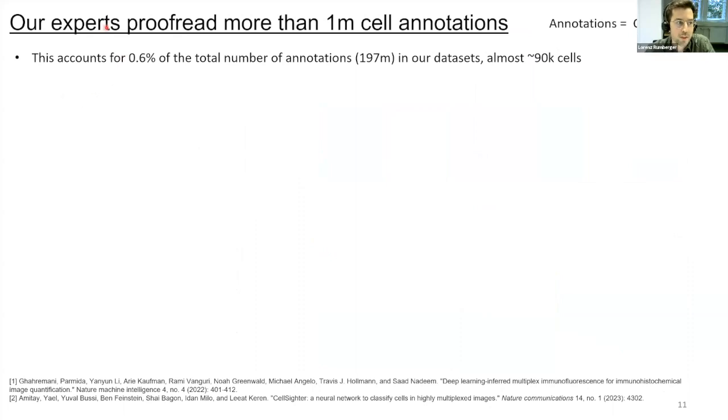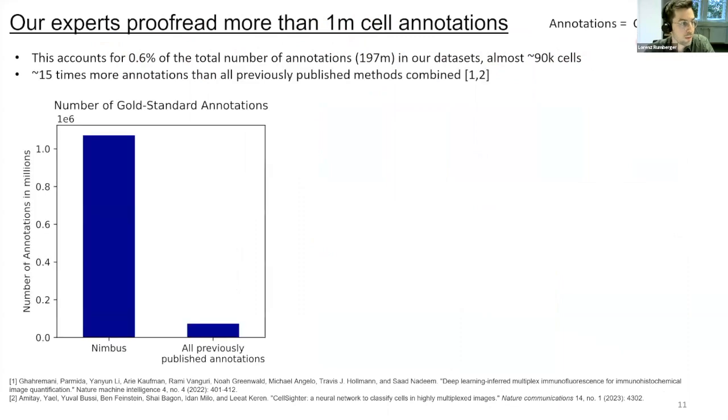What we proofread just accounts for 0.6% of the total number of annotations, but we proofread more than 1 million cell annotations. So even though this sounds small, this is a pretty large number. And this means 90,000 cells on average in 11 channels for all the data sets.